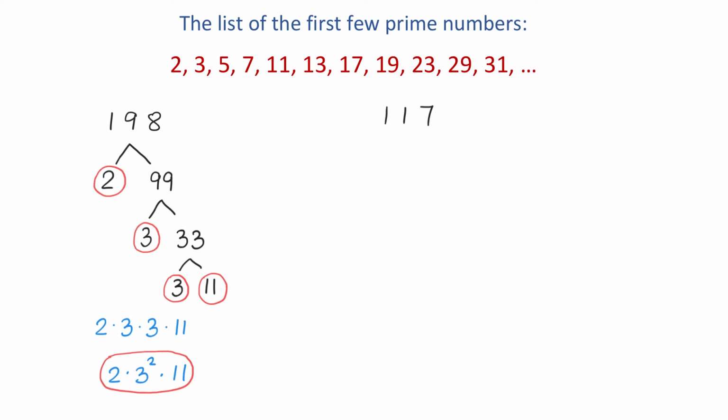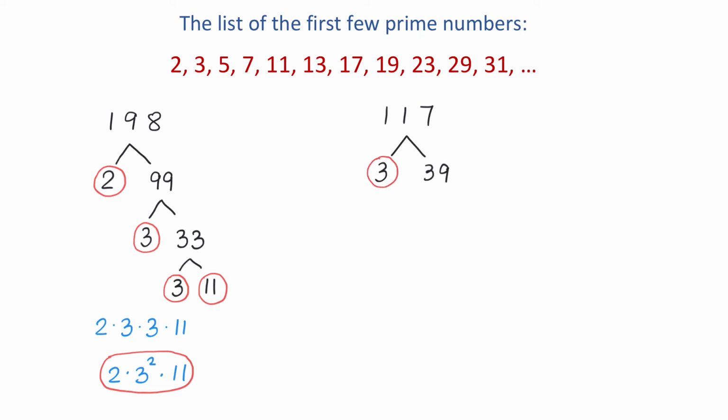So now let's check if 117 is divisible by 3. For this, we will add the digits. 1 plus 1 plus 7 is 9, and 9 is divisible by 3. Therefore, 117 is also divisible by 3. And 117 divided by 3 is 39.